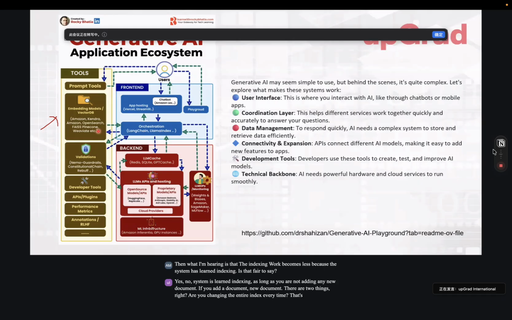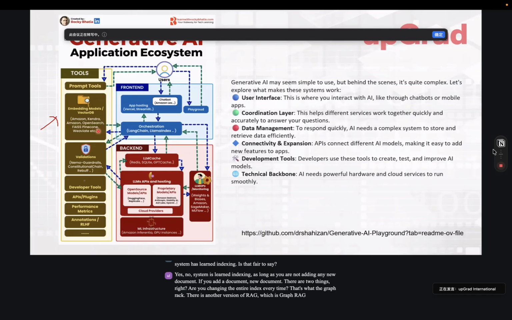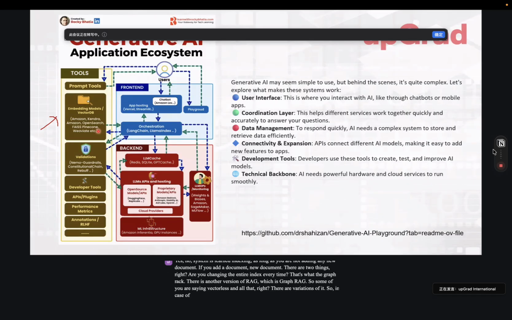That's what GraphRAG addresses. There is another version of RAG which is GraphRAG. Some of you are saying vectorless and all that, right? There are variations of it. In case of GraphRAG, if small changes are disturbing the entire platform, then that may not be the right choice.